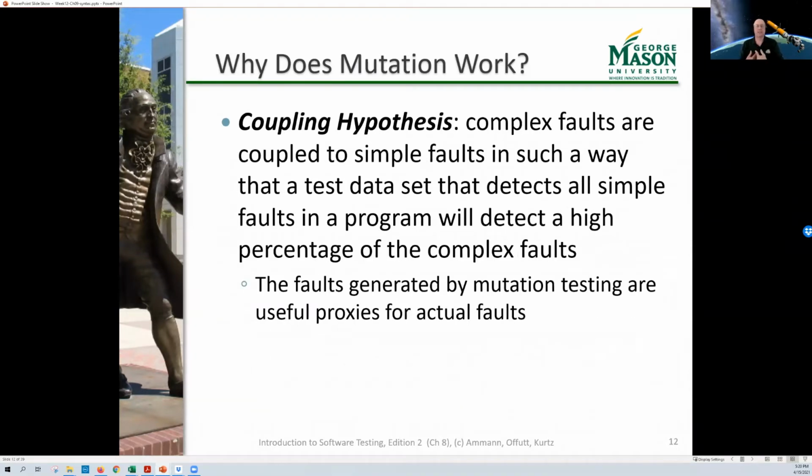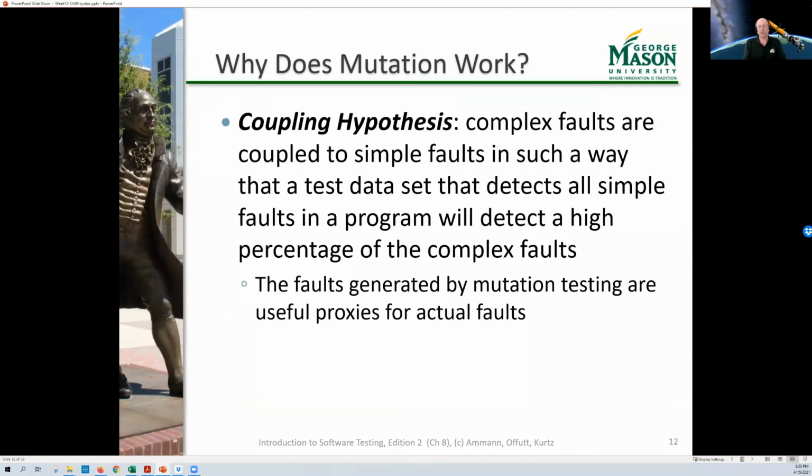The second piece of this is the coupling hypothesis. The coupling hypothesis states that complicated faults are coupled to simple faults, such that if we have a set of tests that finds simple faults, it will tend to find complex faults. In other words, the simple faults that we're injecting with our mutations tend to be useful proxies, right?